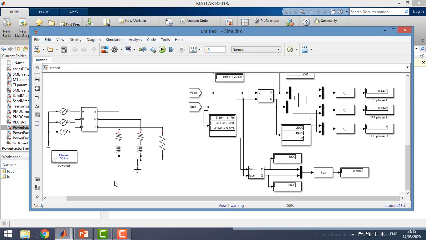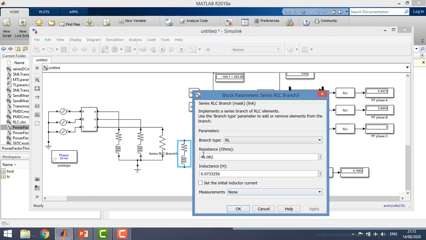Alright, so the second step is to introduce a capacitor with the value determined by table number 2. So we have a very small resistance. We have to have the resistance or else it won't work. Can you try that at home by yourself?